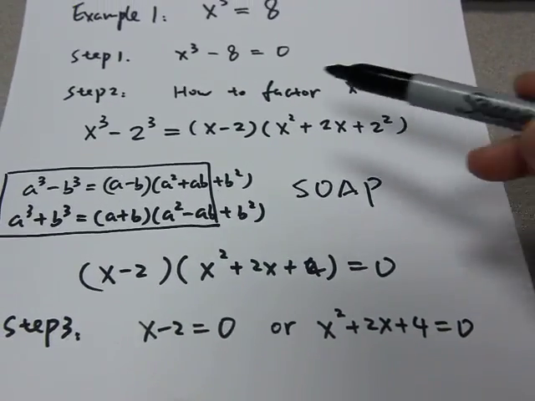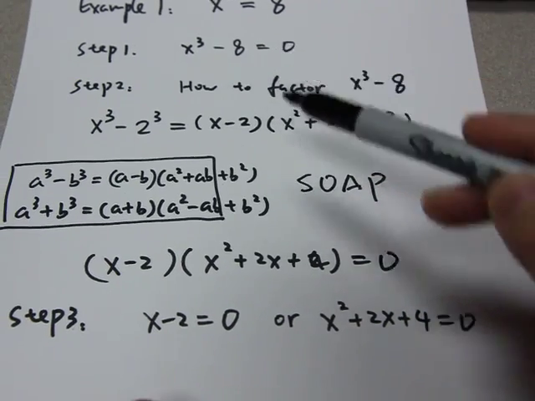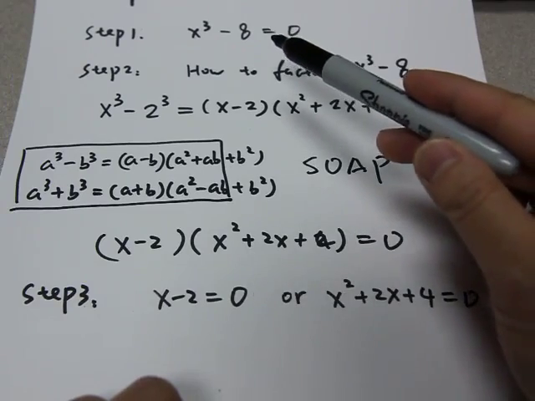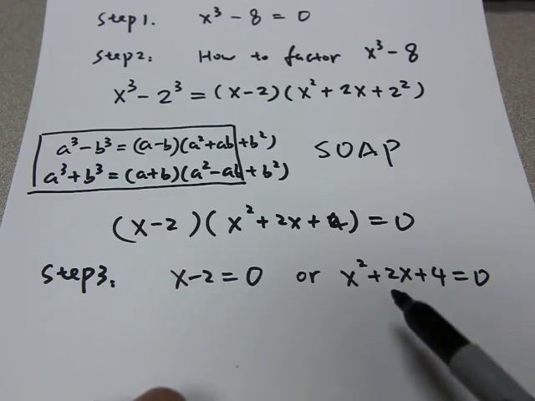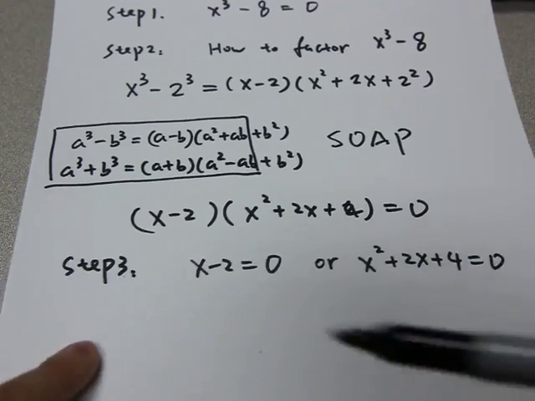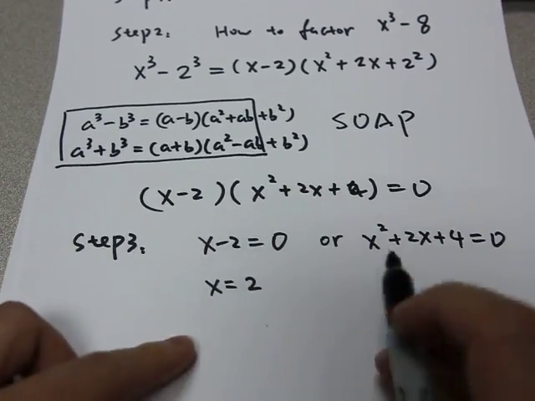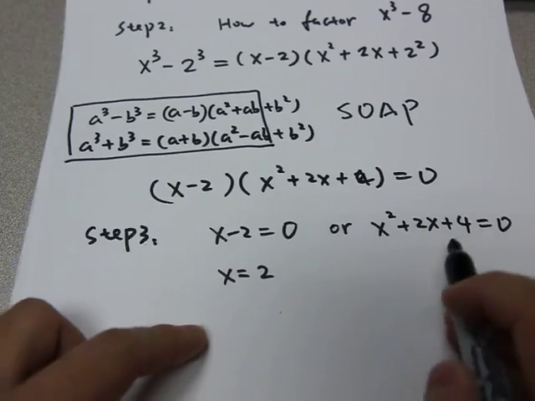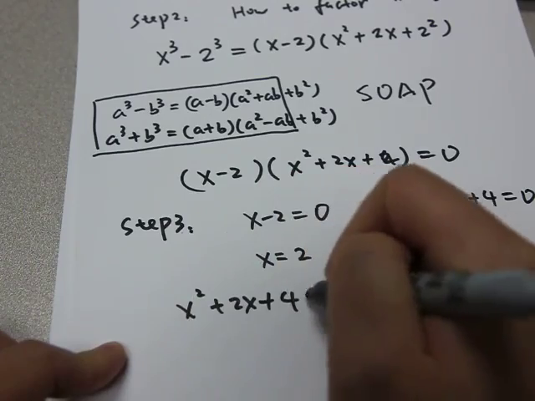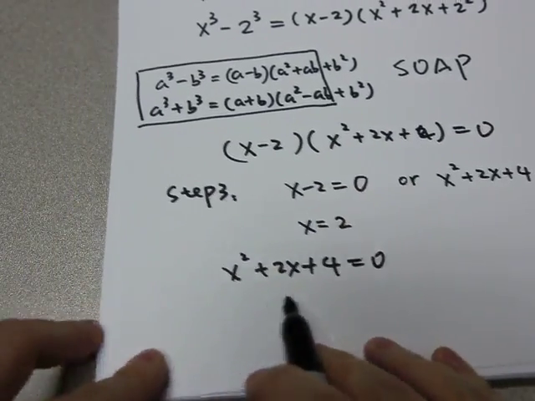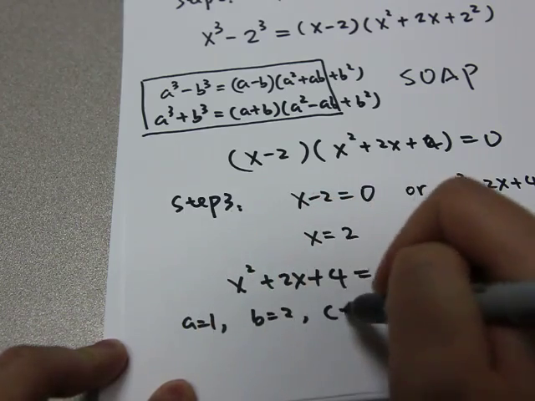You see, we start with a polynomial equation, and then we break this equation into two equations. One is a linear equation, another one is a quadratic equation. The linear equation is very easy; the solution is 2. To solve the quadratic equation, let's use the quadratic formula, where a is 1, b equals 2, c equals 4.